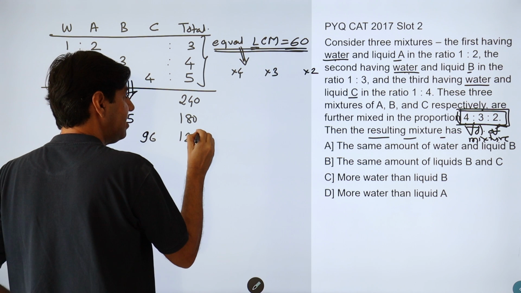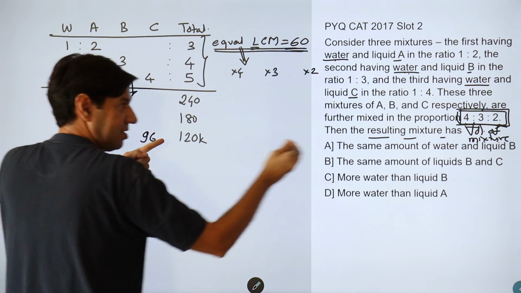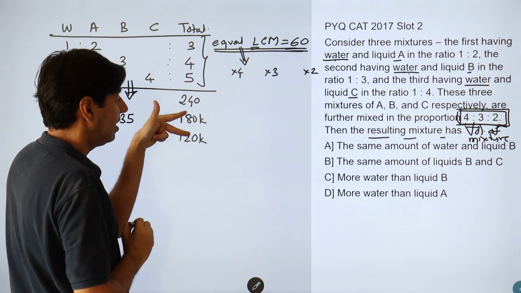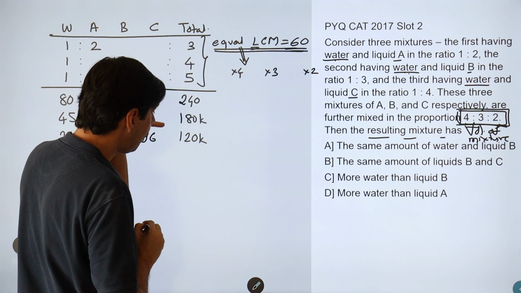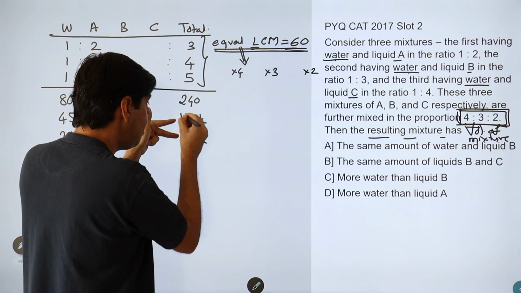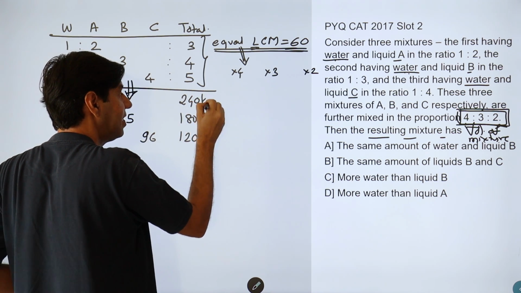So what it means is, if I take 120k liters of this one, then this will also be 180k, the same constant, because the ratio I want it to be 3:2. So the 3:2 is already present in 120 and 180, so the k should get cancelled, it should be the same.